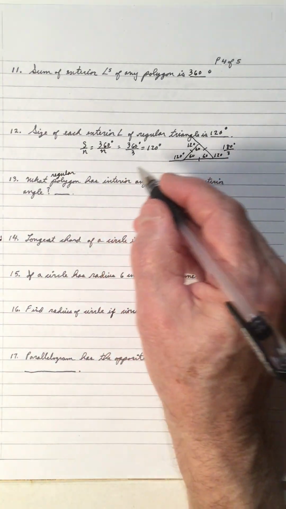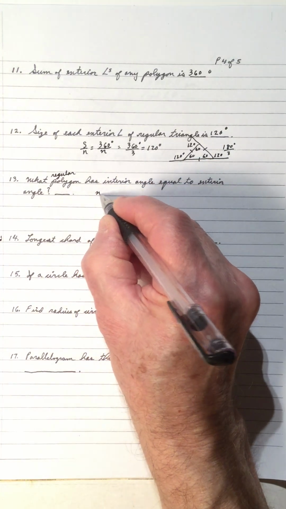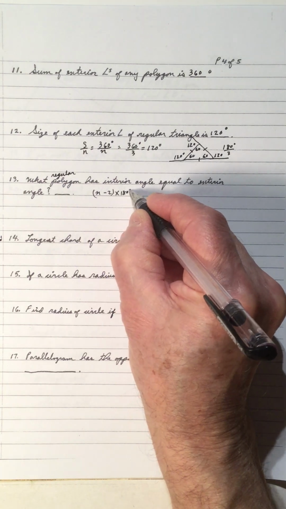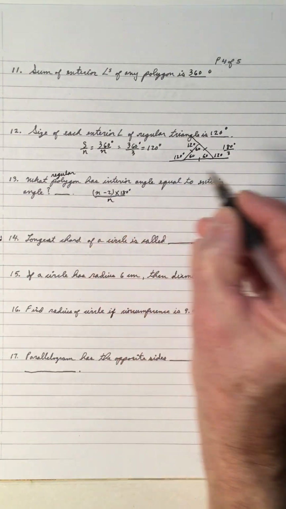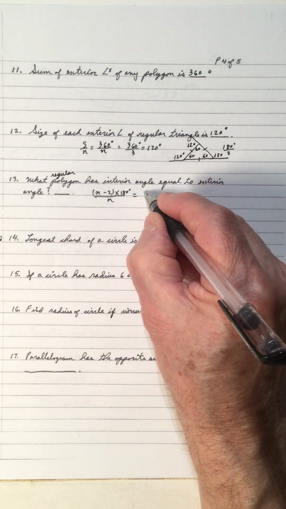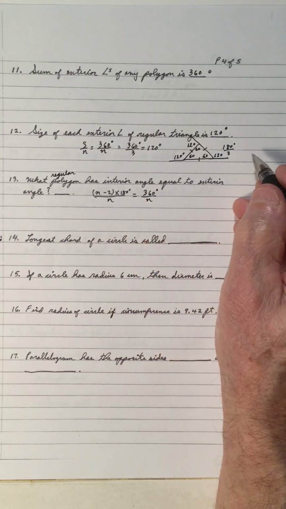Well, let's look at it as the interior angle. So the interior angle is (n minus 2) times 180 divided by n, equal to the exterior angle. Again, it's regular, so the exterior angle is 360 divided by n.